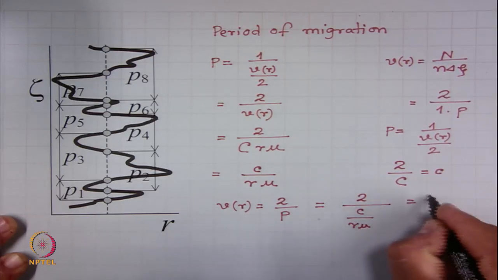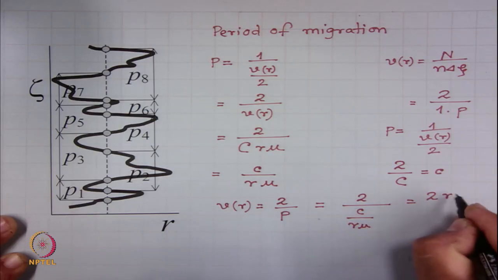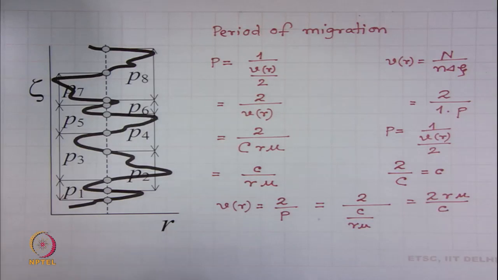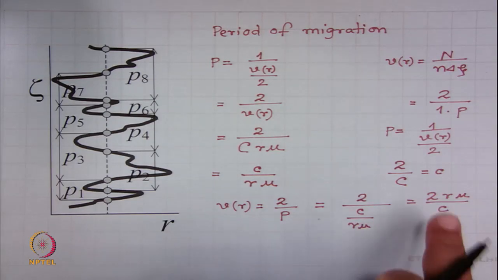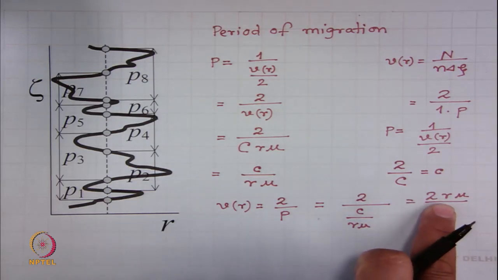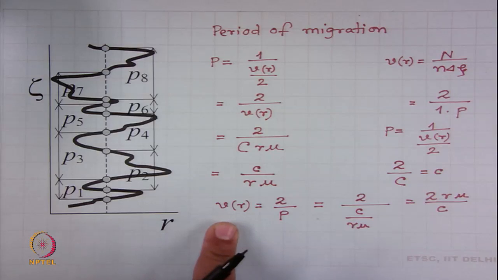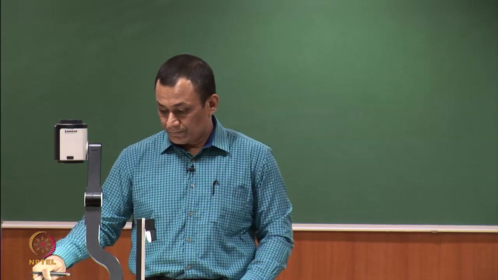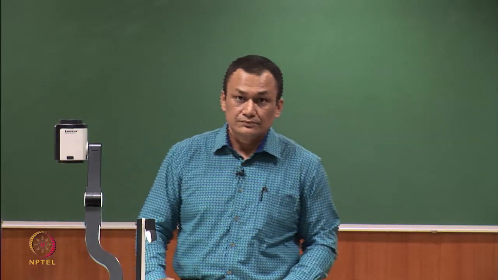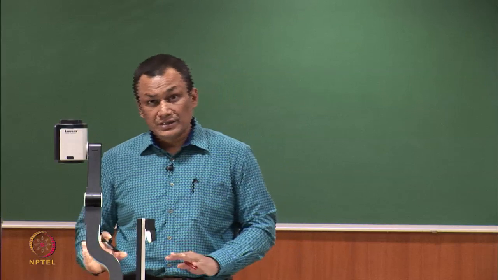So, 2 r mu by small c. So, this is the expression for nu r. You see here, if r varies, nu r will vary, because c is a constant and mu is also assumed to be constant in this model too. So, this is how this model is different from Taylor's model.